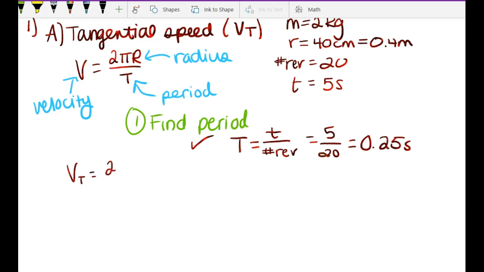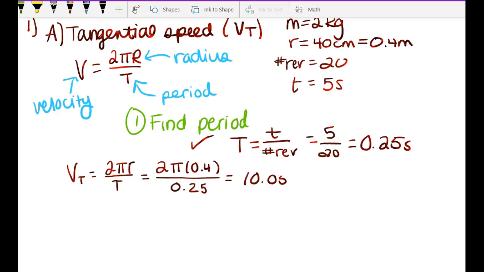So we do 2 pi times 0.4 and divide that by 0.25, and that ultimately gives you your answer of 10.05 meters per second. That's a little fast, but for this problem it makes sense because all the numbers work out. So 10.05 meters per second is the tangential velocity.